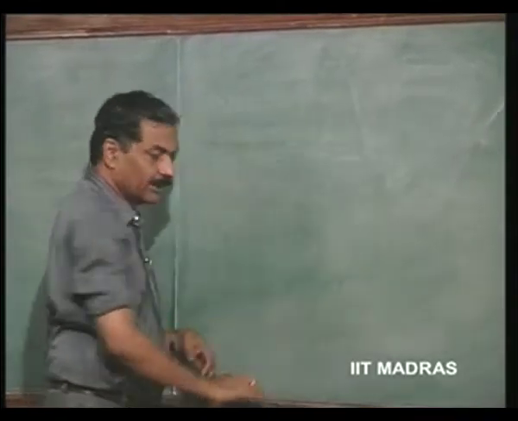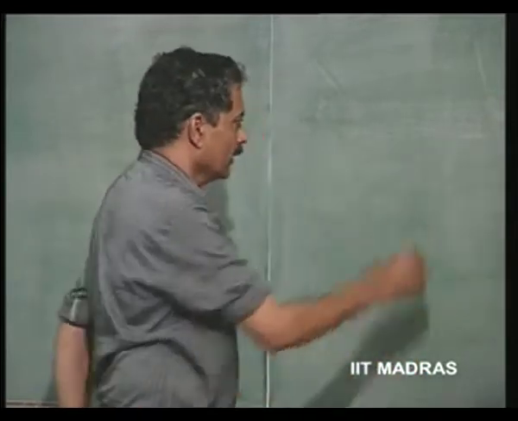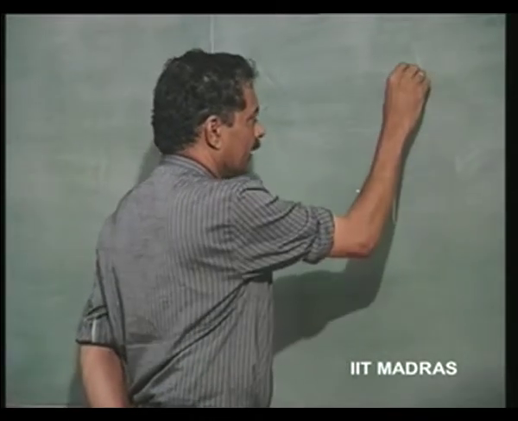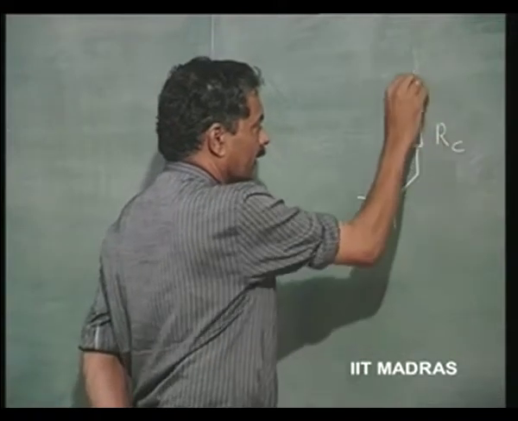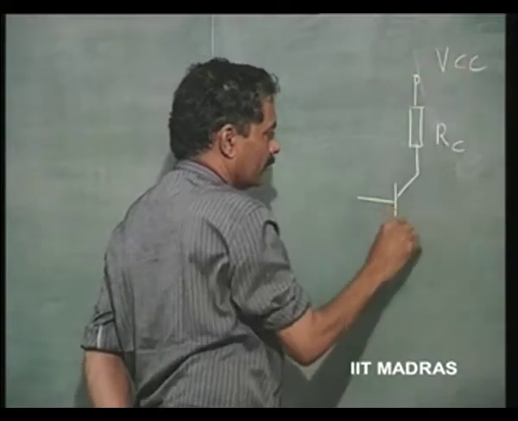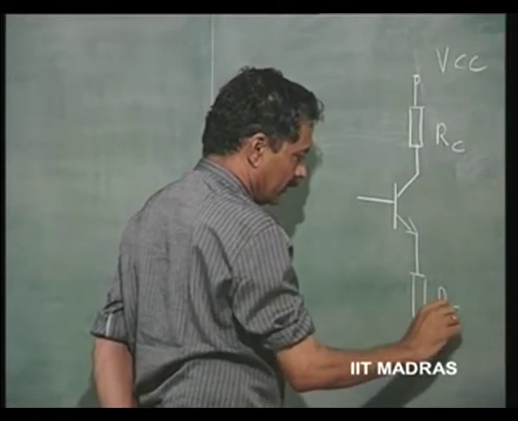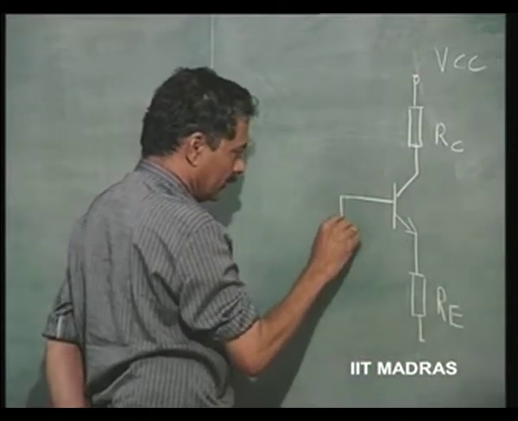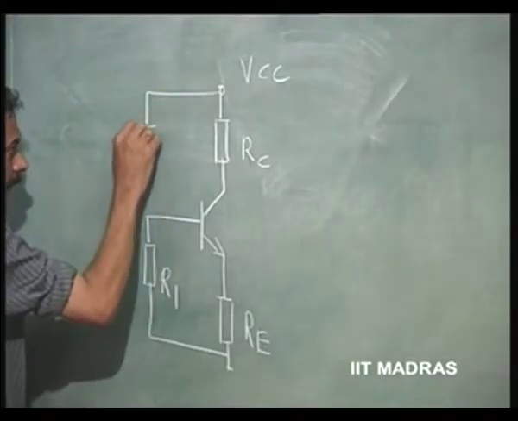We had discussed transistor biasing. We know how to bias a bipolar junction transistor so that it is in the active region, and we also know how to bias it in a stable fashion. We have put in general a resistance through a supply voltage, R1, R2.